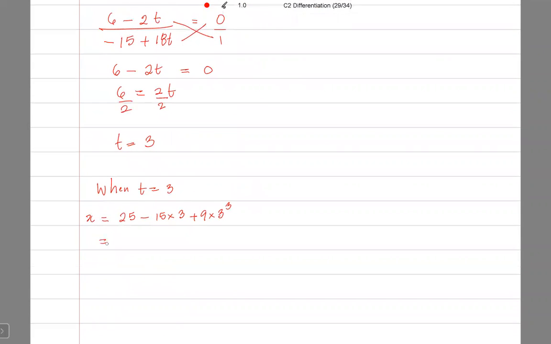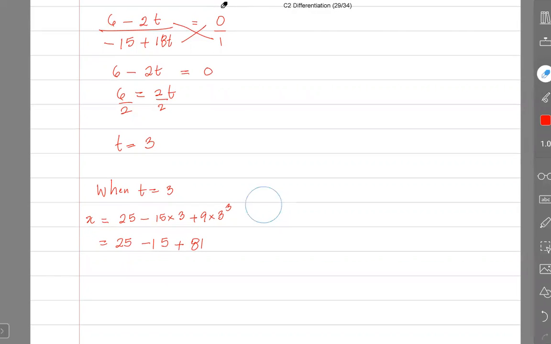So this would be 25 minus 15 plus 81. It's t squared, not t cubed. So how much is this? It's 91.